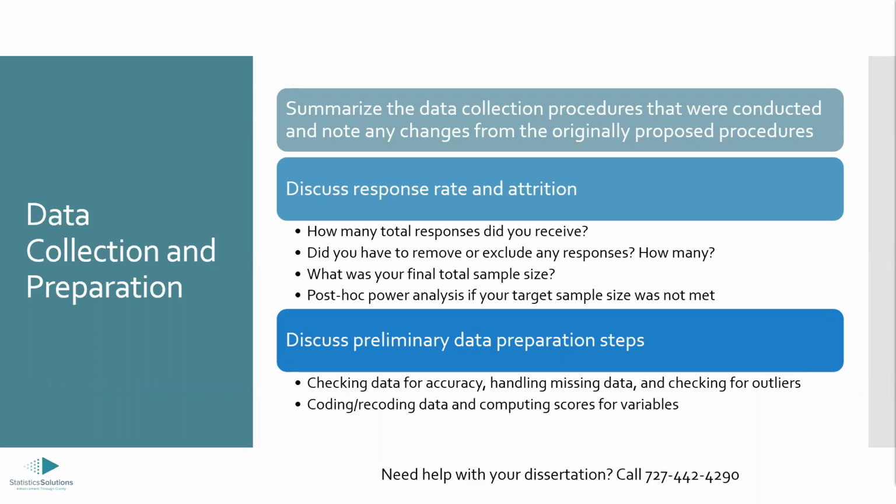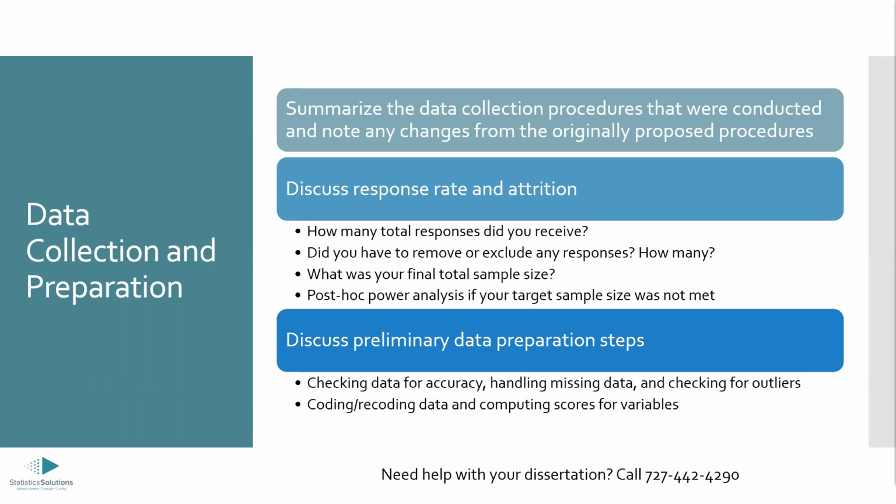So maybe, in your proposal, you propose to do some things in your data collection that you ended up having to change by the time you actually went to do your study and collect your data. So maybe you weren't able to recruit participants in the exact way that you proposed, like you had to change your recruitment method.